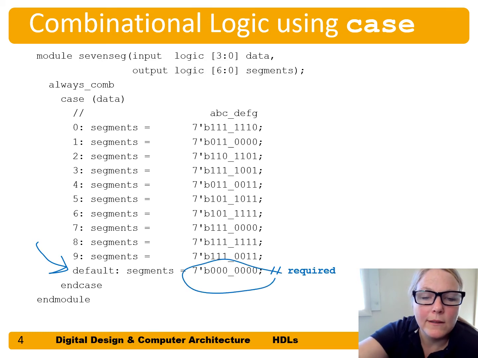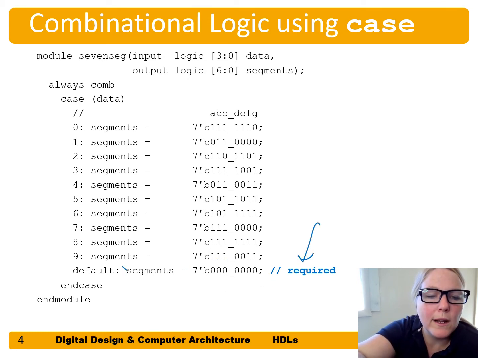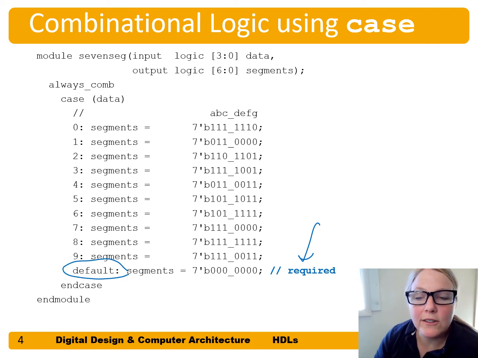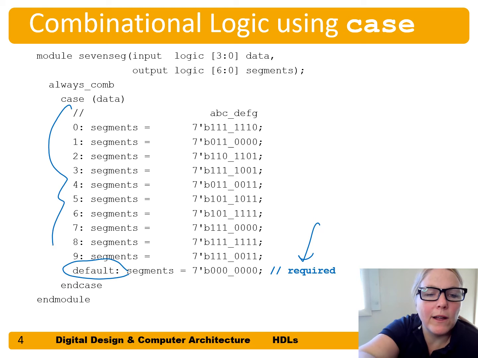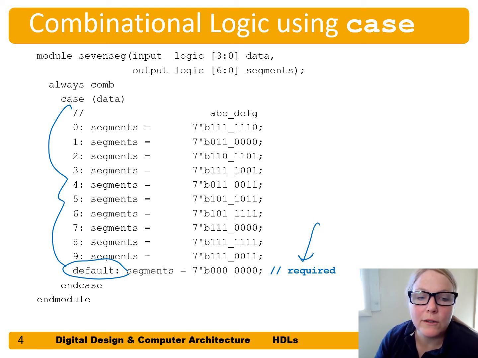So it makes them 0. And this default statement is required because for combinational logic, we need to know deterministically what the output should be for every possible input combination. So we need to specify the output value for every possible input combination in order for it to be combinational.